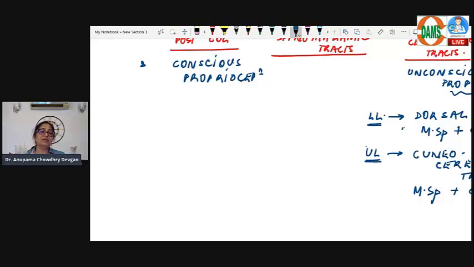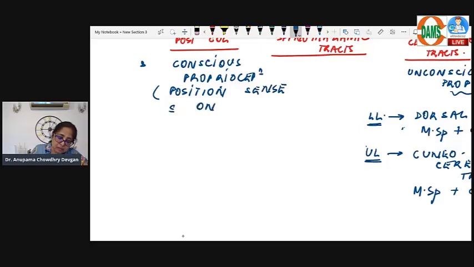That is unconscious. Conscious is position sense that one is aware of. That is called conscious proprioception.